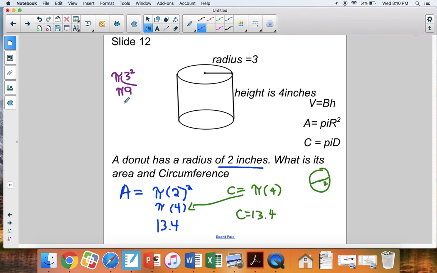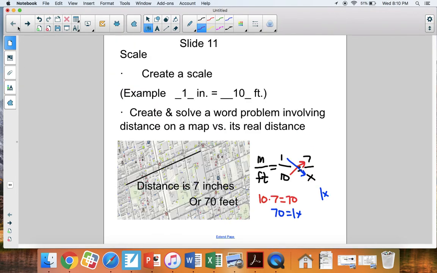And 3.14 times 9 is right around 28, like 0.7, right around there. And this is inches cubed. And that's it.